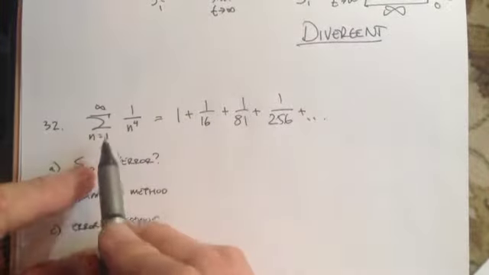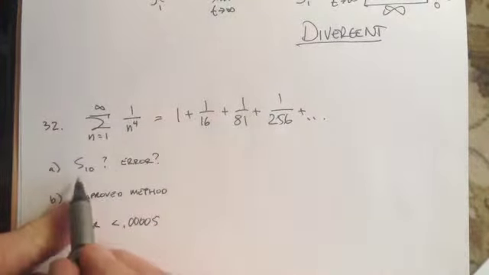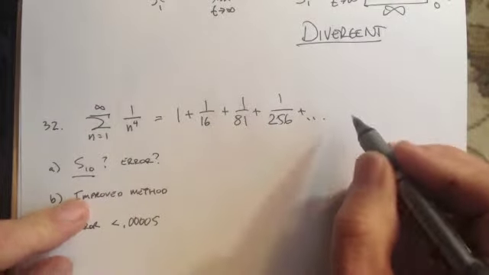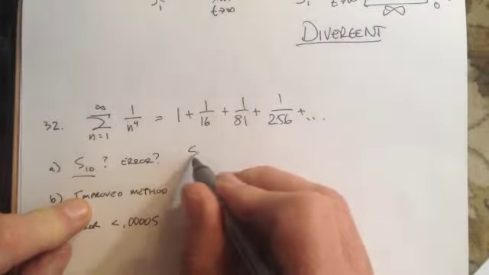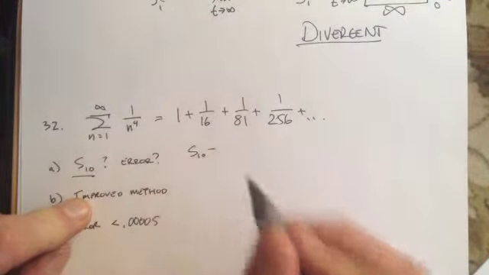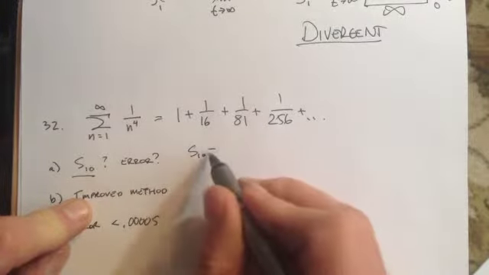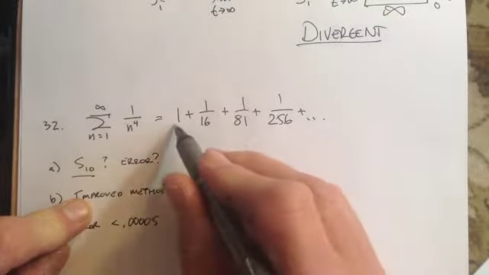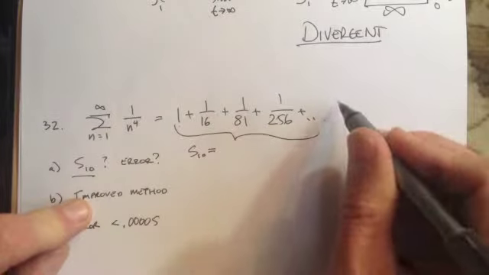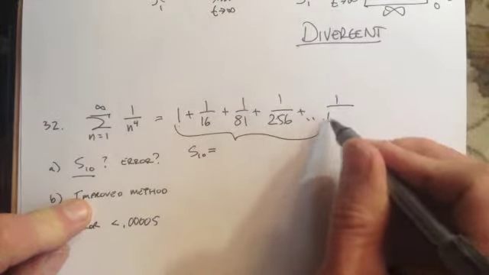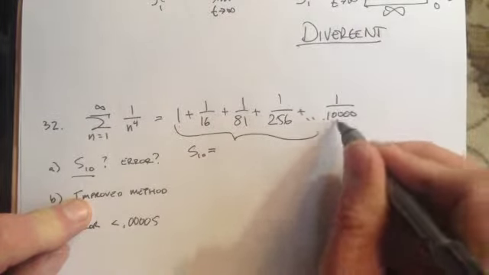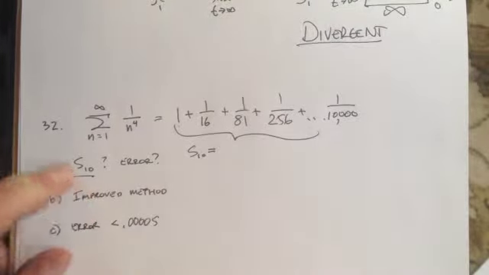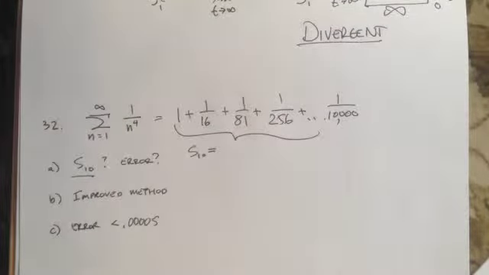But I know that they want us to do S10. So that means the partial sum for the first 10 terms is going to be all this, plus 1 at the end with 4 zeros, up to 10,000. All right, so pause the camera, get the calculator, type that in.